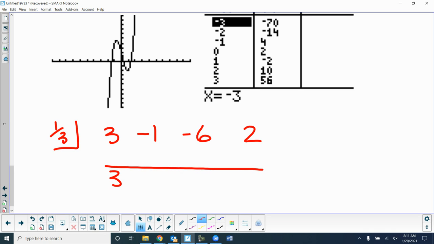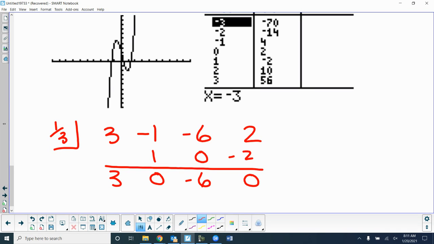Drop the 3. 3 times a third is 3/3, which is 1. -1 plus 1 is 0. 1/3 times 0 is 0. -6 plus 0 is -6. 1/3 times -6 is -6/3. What's -6 divided by 3? -2. That's what I'm supposed to get, right? Supposed to get a 0.